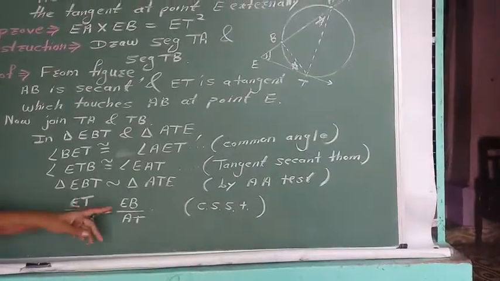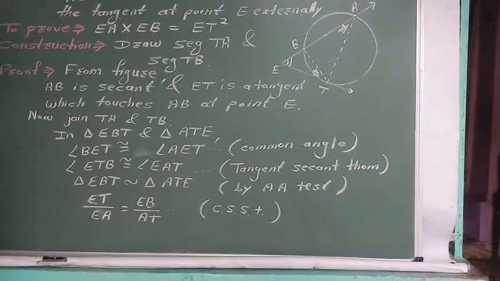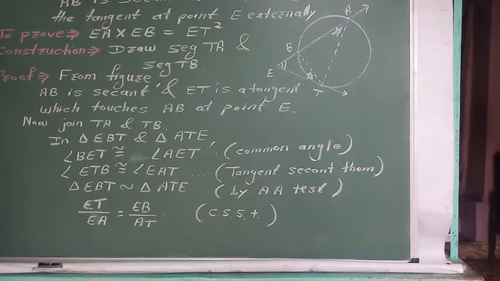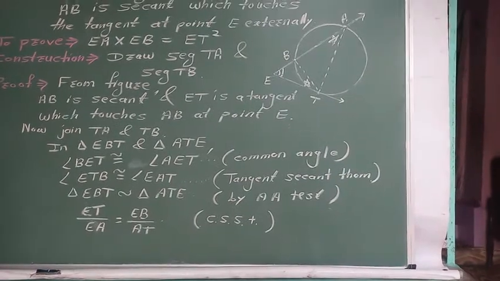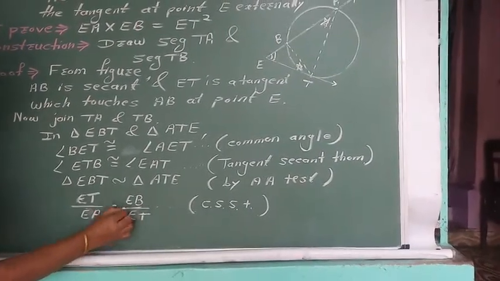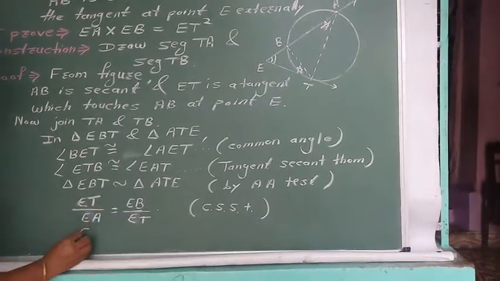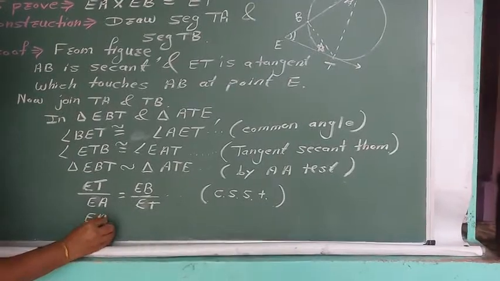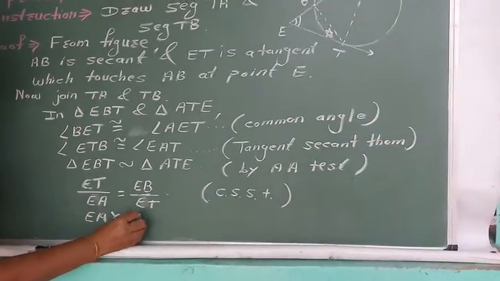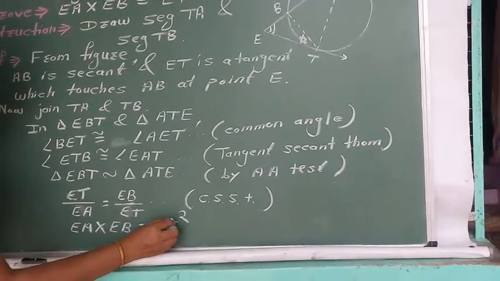Now by cross multiplication, we get ET square is equal to EA into EB, or we write EA into EB is equal to ET square.